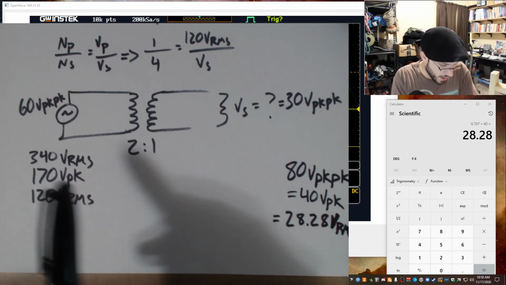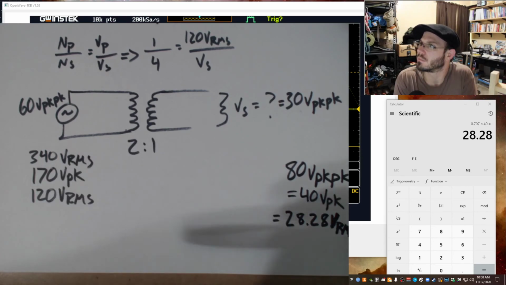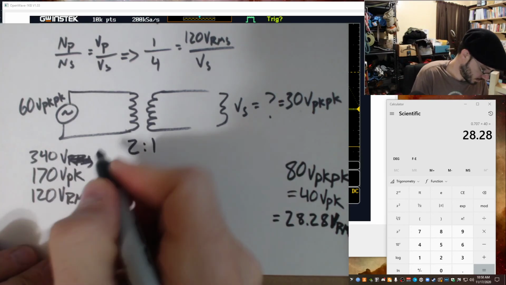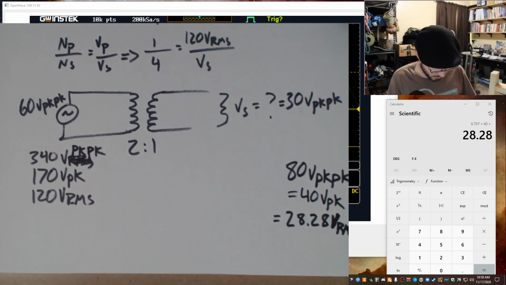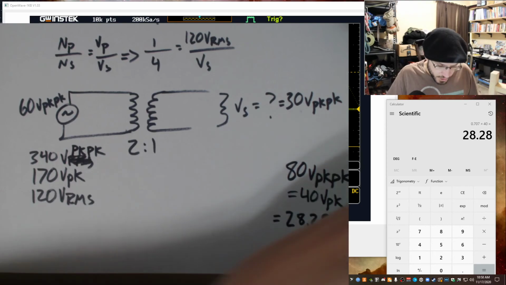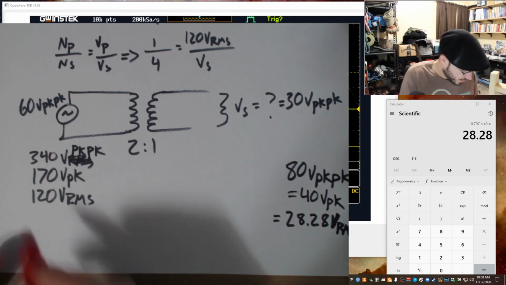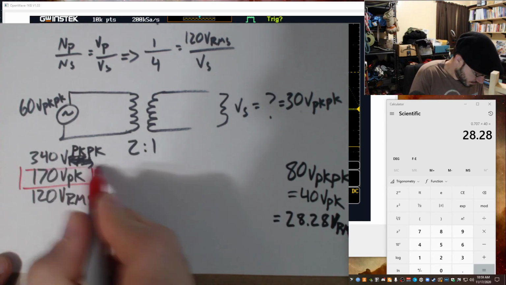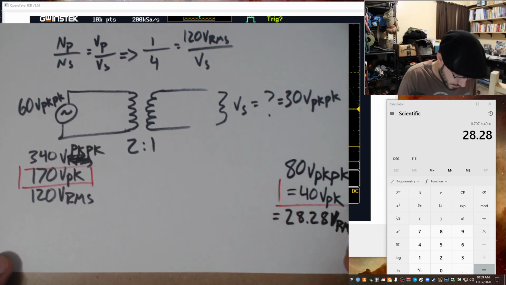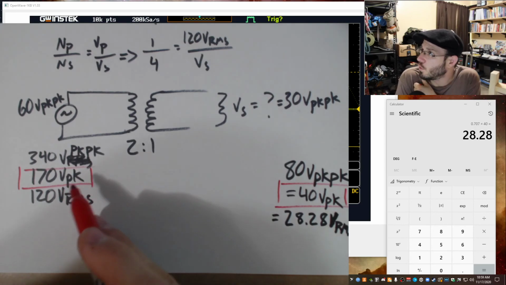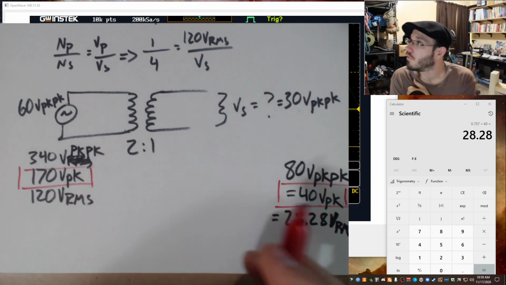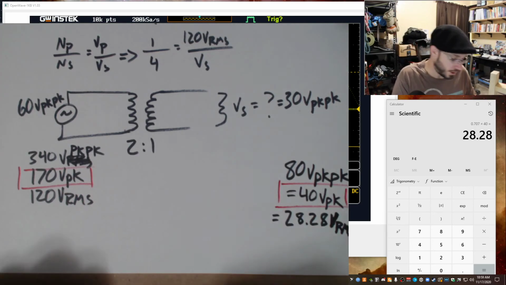Okay, so now I know my input voltage. And we'll just look at the peak voltage. 170 volts peak was my input. 40 volts peak was my output.